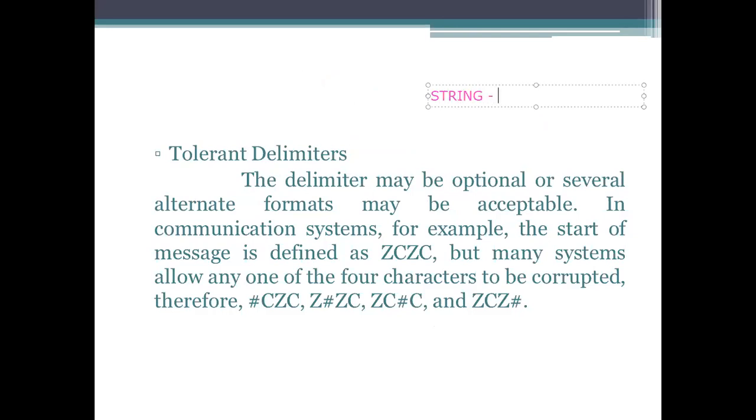The string to be processed here is ZC and ZC. So how are we going to specify this message? In this representation, where we are using the communication format, we start the message, what we are defining here is ZC and then ZC.